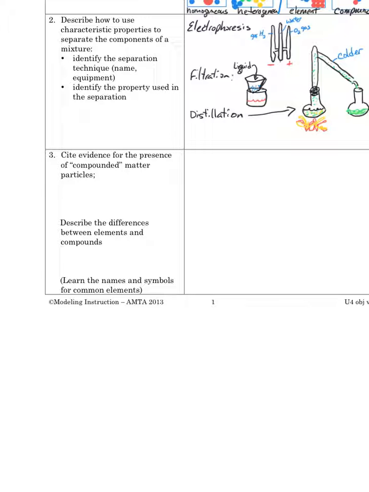And we know that substances are made of different types of elements because using electrophoresis, we can separate compounds into their elemental components.